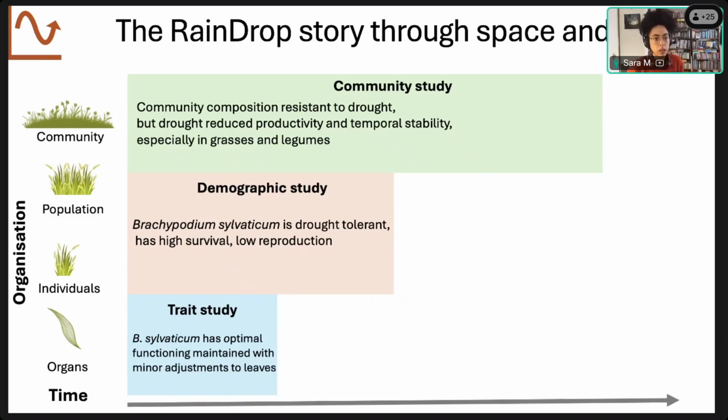Overall, the community level composition is resistant to the drought, but there is reduced productivity and temporal stability, especially driven by grasses and legumes. Brachypodium sylvaticum is drought tolerant, with high survival and low reproduction. And looking at the traits, it seems to have optimal functioning, with quite stable trait responses and only minor adjustments in some of the leaf traits.